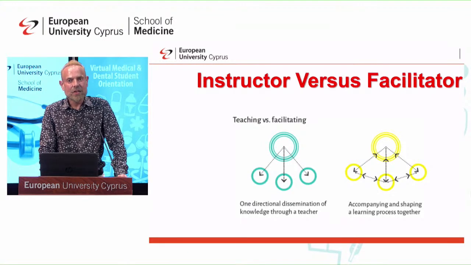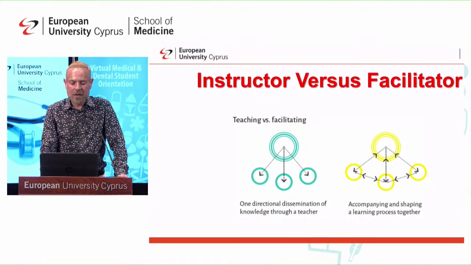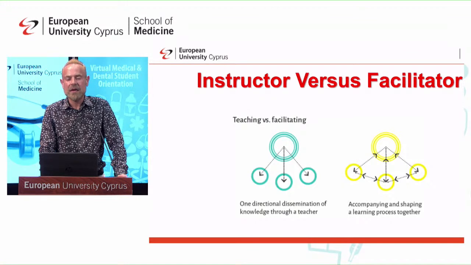And a facilitator is someone who interacts with the teams. If you see the difference between teaching and facilitating in this slide, you will see that there are arrows from teaching going only from the teacher to the student. Whereas in the facilitating model of team-based learning, there is interaction from the team to the instructor and from the instructor.